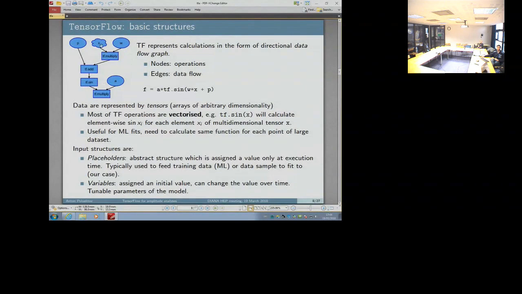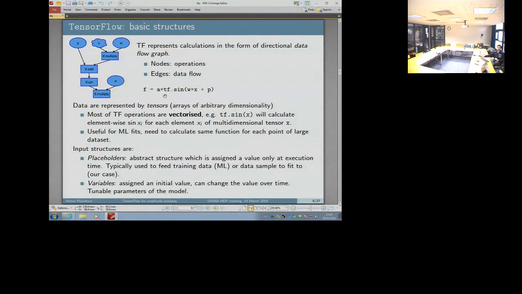So you have the input structures, which are phase, frequency, and your data. So you multiply this, add this, this goes to calculation of the sine, and then you multiply it by the amplitude, and this is the result of your calculation.